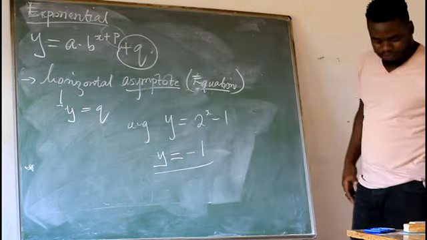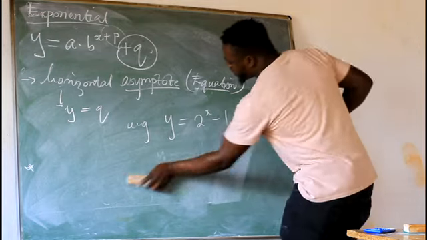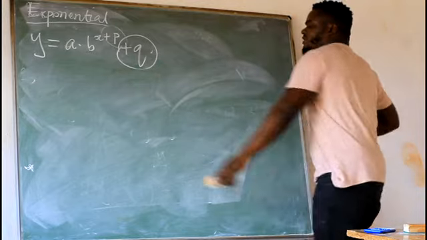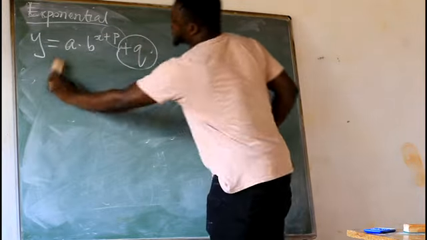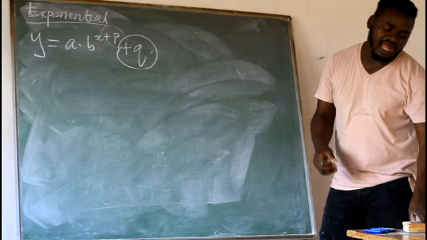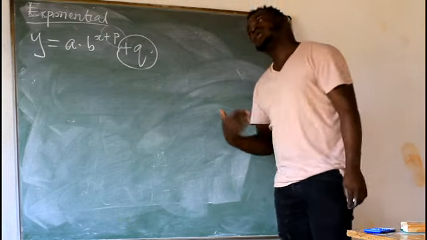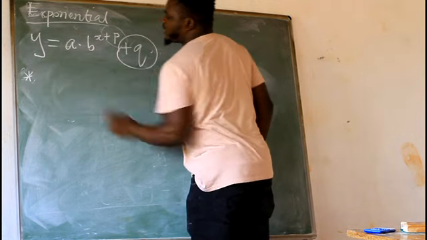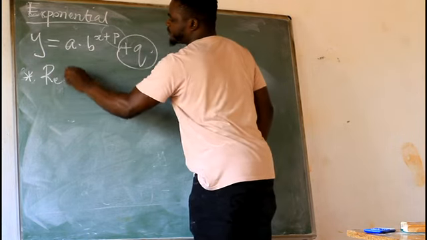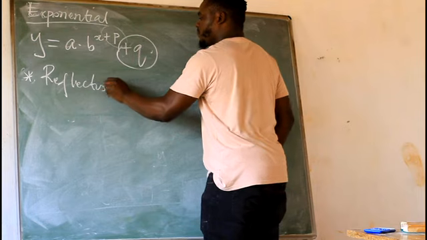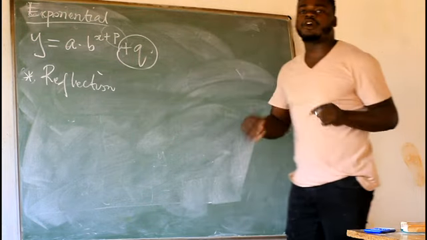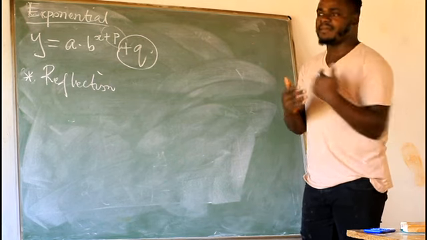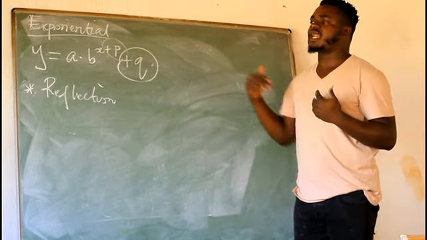Now, number 2. I told you that the graph has to have an x and y intercept. Even the exponential graph has x and y intercepts. Now, let's talk about the reflection of that graph. When we talk about the reflection of the graph, we're talking about the mirror image of that graph.